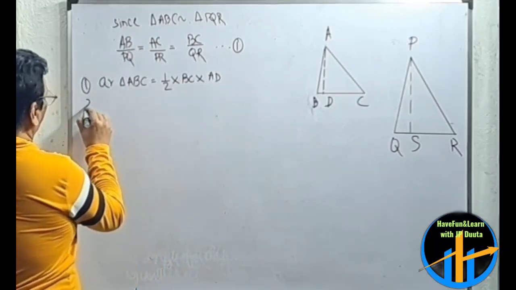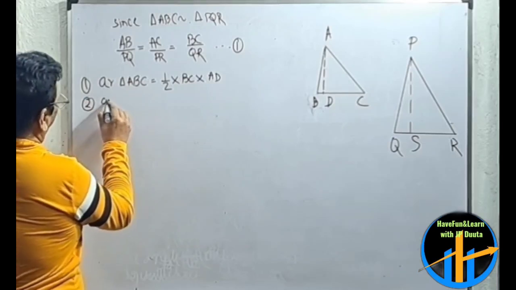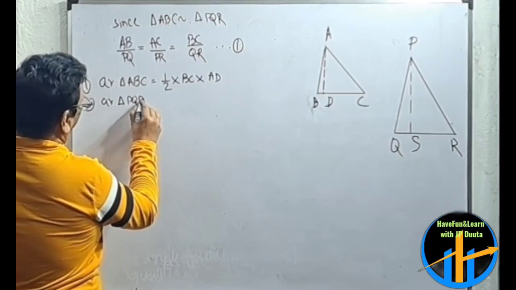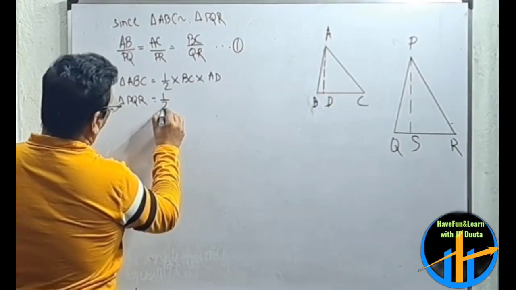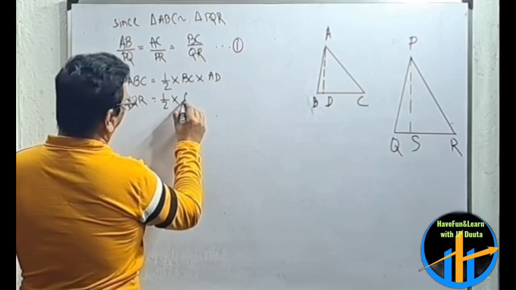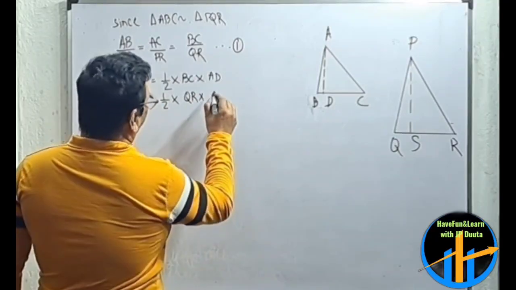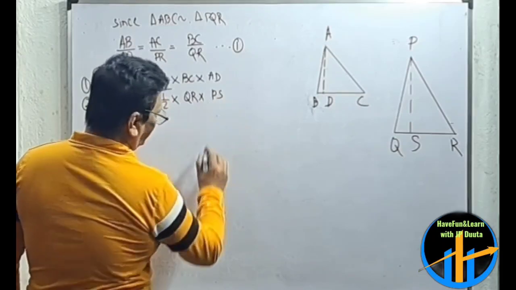Right? Number 2, area of triangle PQR is equal to half into QR multiplied by PS. Right? Okay.